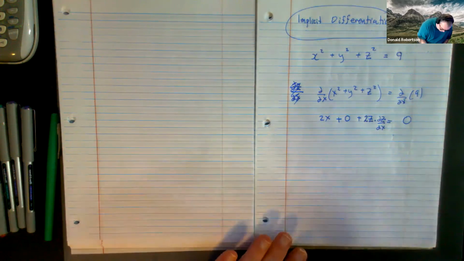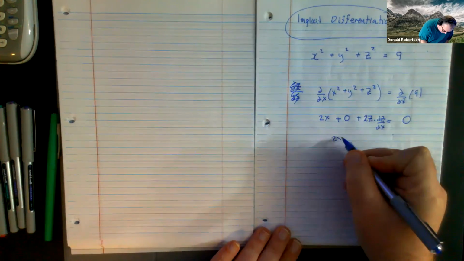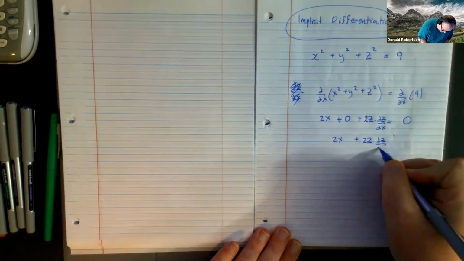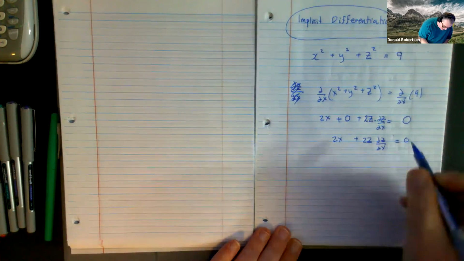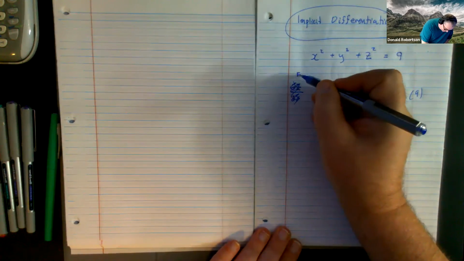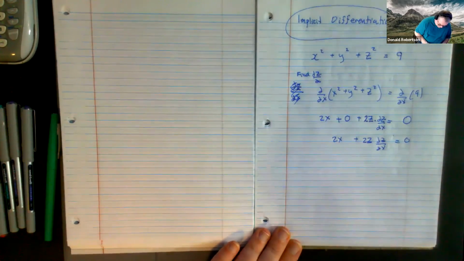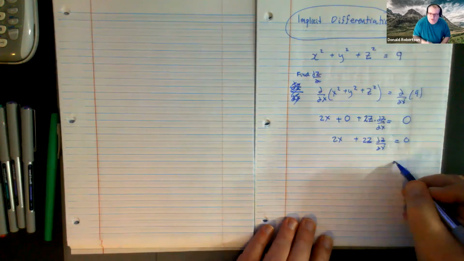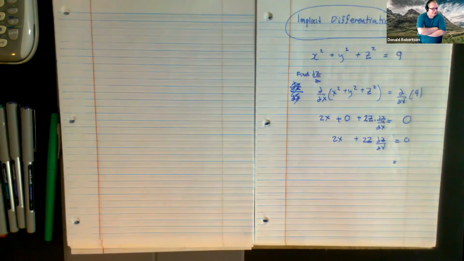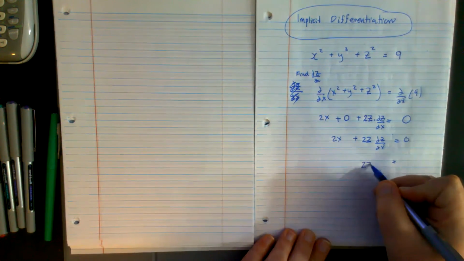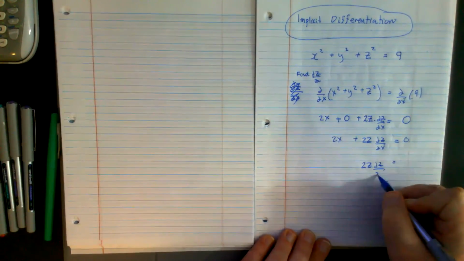Now you might say, great, well, what do I have? Well, let's see what you've got. You've got 2x plus 2z dz by dx, and the whole thing equals 0. And we're being asked to find that partial derivative. Where do you think I'd go next? I want to find out what dz by dx is. What do you think I should do next? You would subtract the 2x from each side and then divide by the 2z.